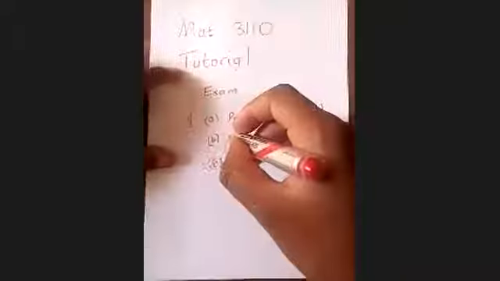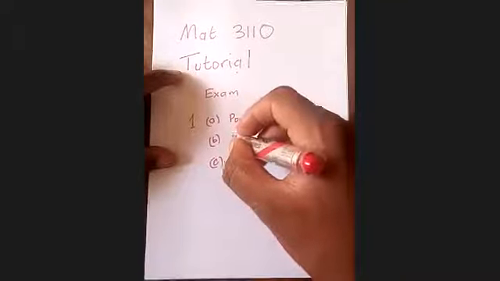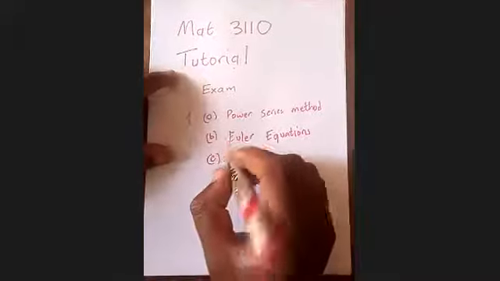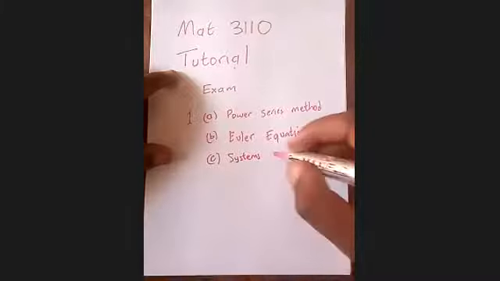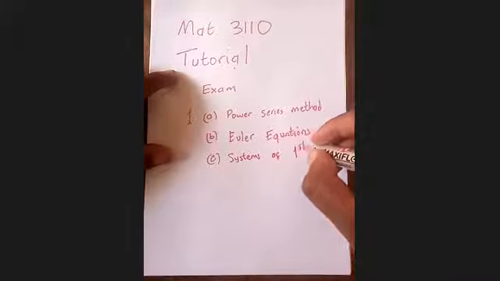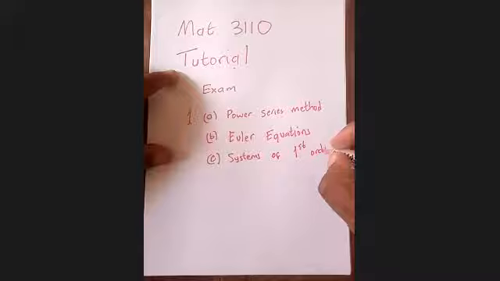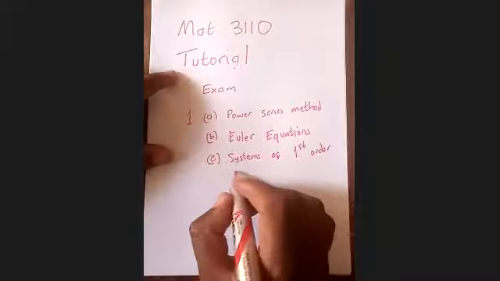Part B is usually Euler equations. Part C is what we call systems or first order ODEs.